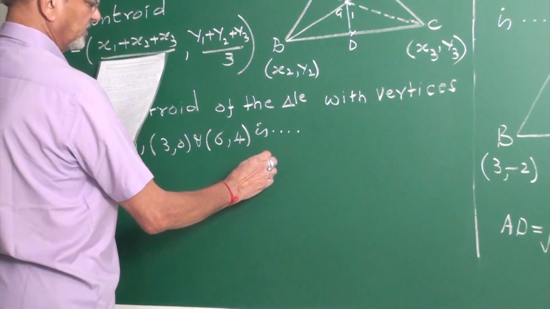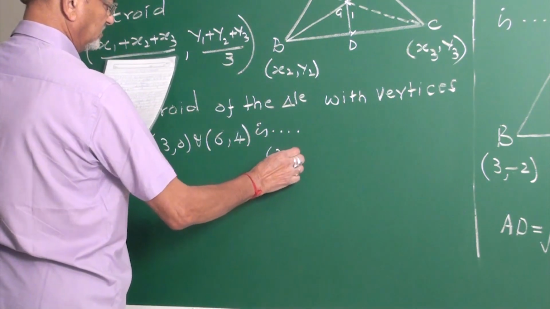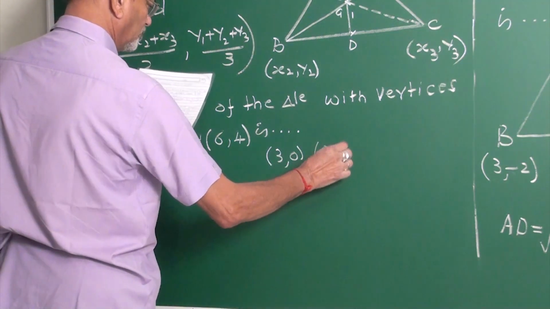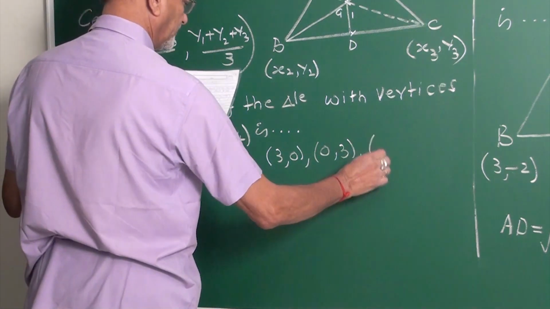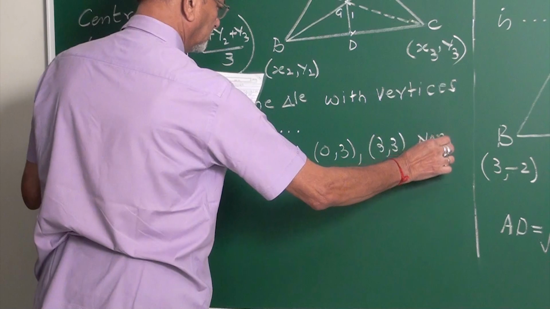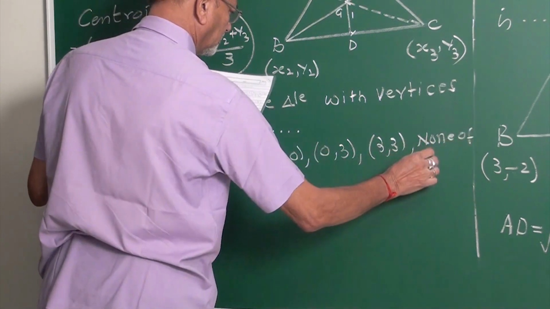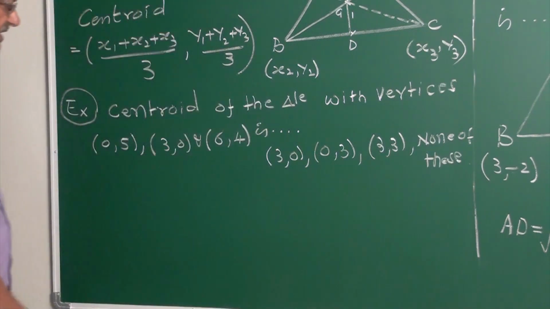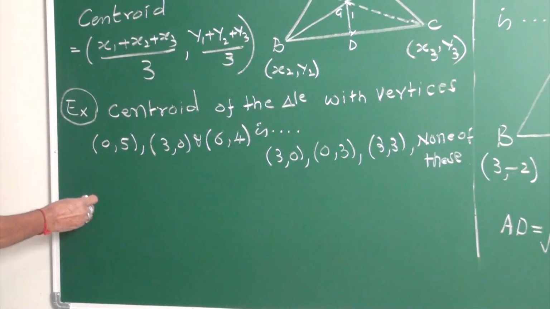These are the options, my friend: (3, 0), (0, 3), (3, 3), or none of these. Yes, my friend. What is it?